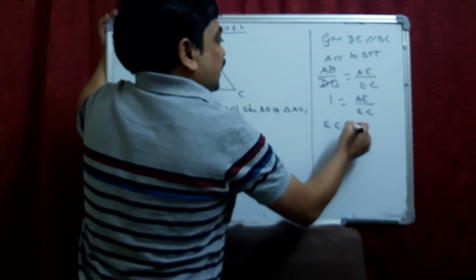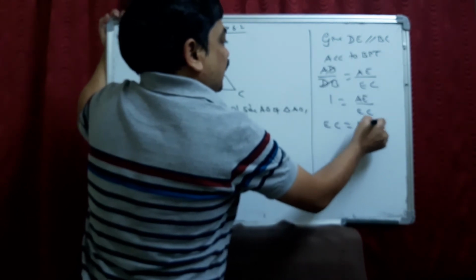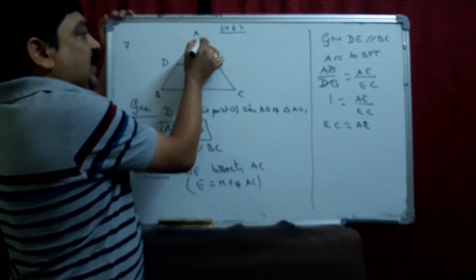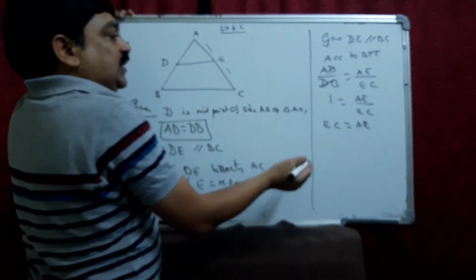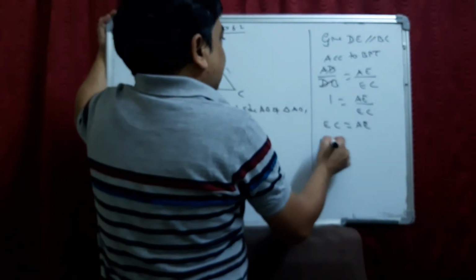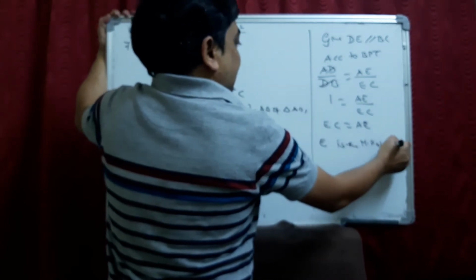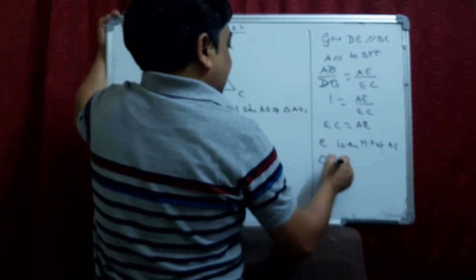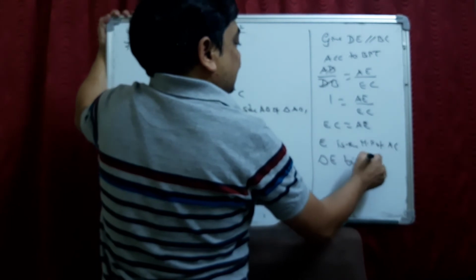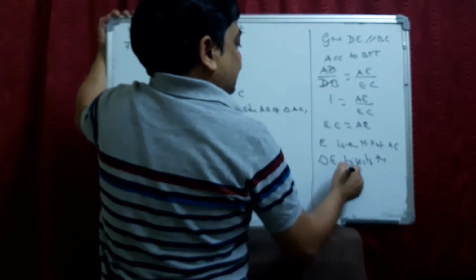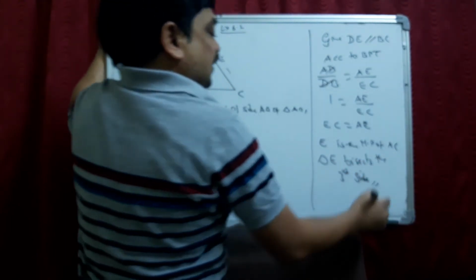Cross multiply: EC equal to AE. It means E is the midpoint of AC. So DE bisects the third side. That's it. Okay?